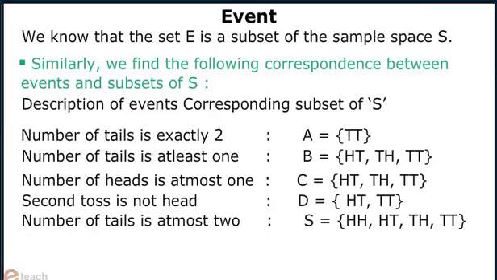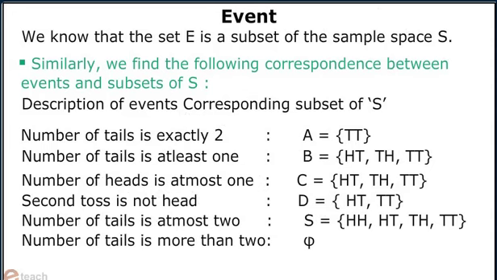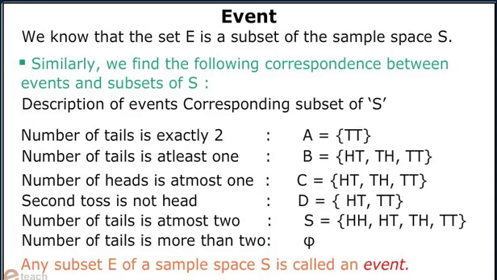If the number of tails is at most 2, then the possible outcomes are HH, HT, TH, TT. And finally, if the number of tails is more than 2, then we get the null set because there are no possible ways of getting more than 2 tails. Any subset E of a sample space S is called an event.